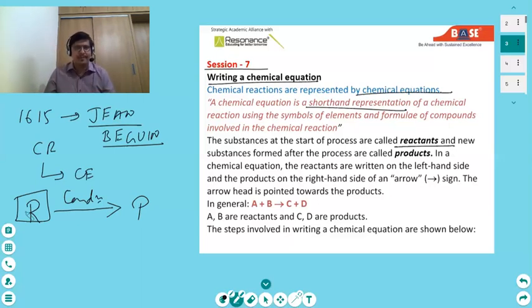Or suppose you are preparing pizza. You will have the base and you will add all the toppings: cheese, sausages, mayonnaise, whatever you feel like. Then you put it into the oven. Before putting it into the oven, it was all reactant. It is raw.